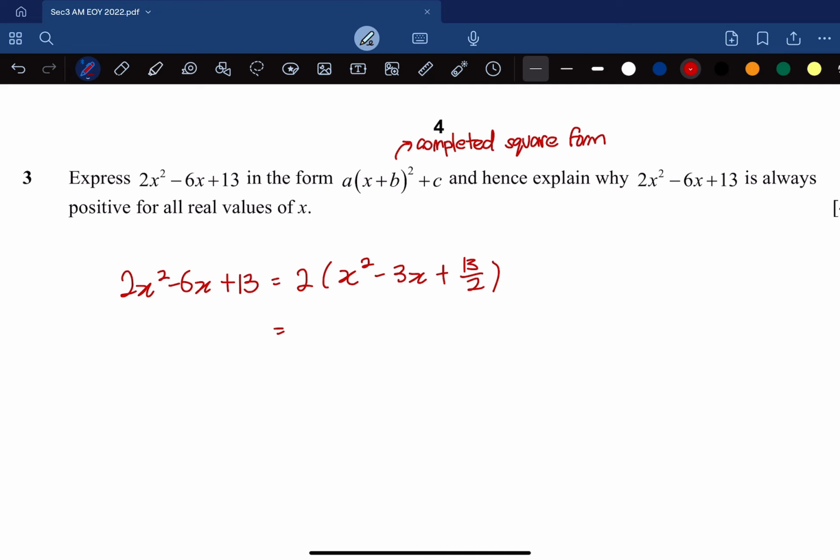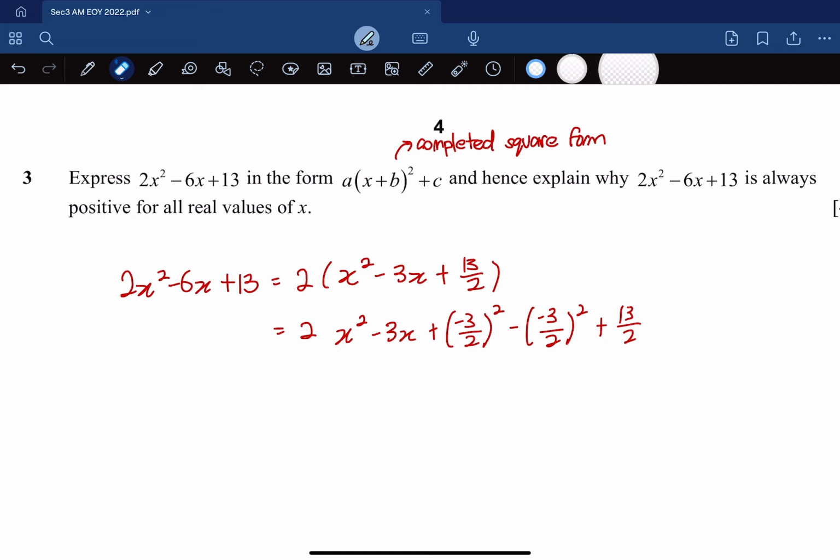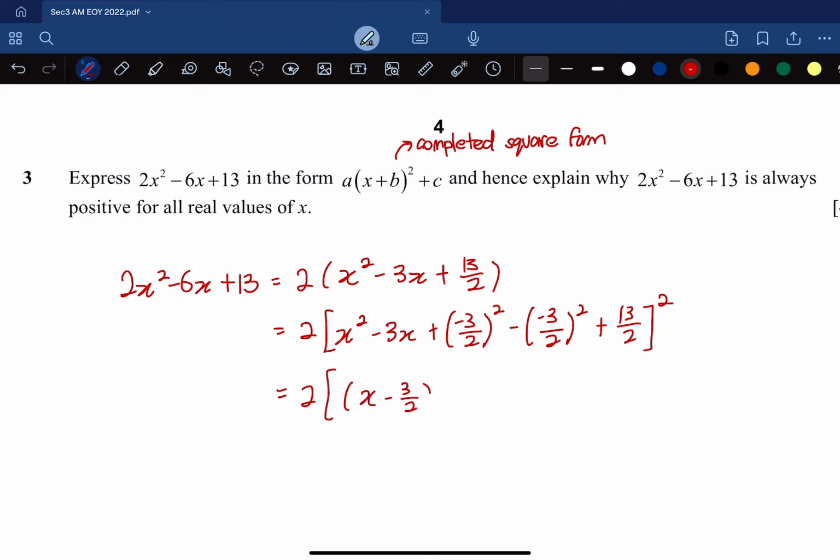Next I simply apply x squared minus 3x plus (b/2) squared, so negative 3/2 squared, minus away the same thing. Then I have plus 13/2. I should put a square bracket because I already have a bracket inside here. Square bracket, squared. Therefore, this will become (x minus 3/2) squared.